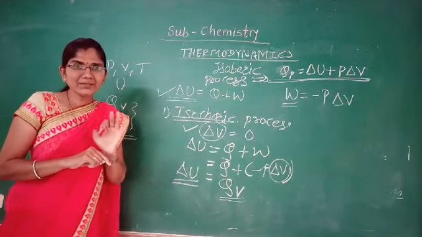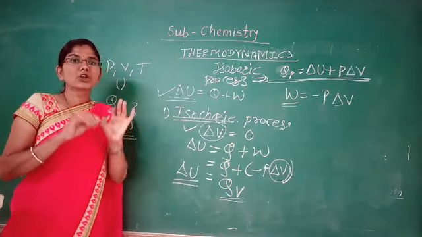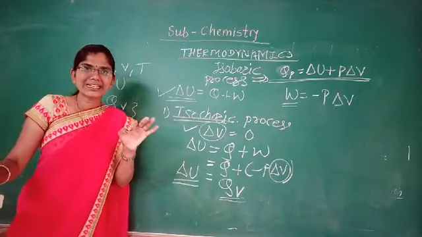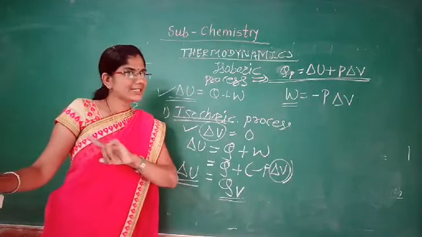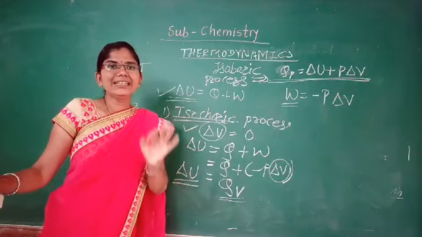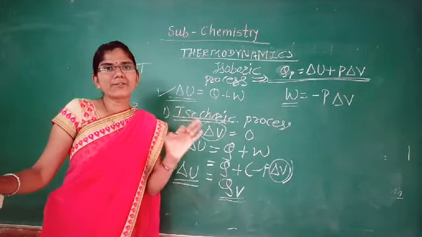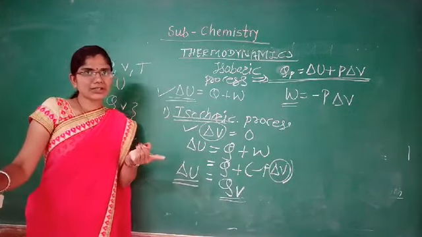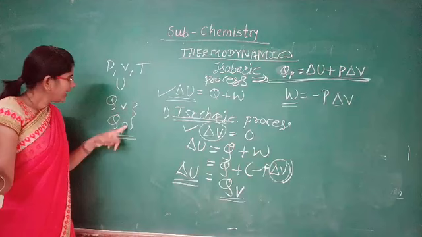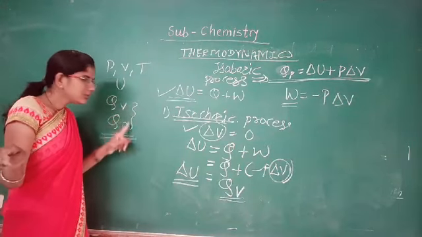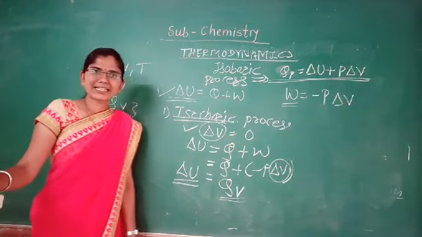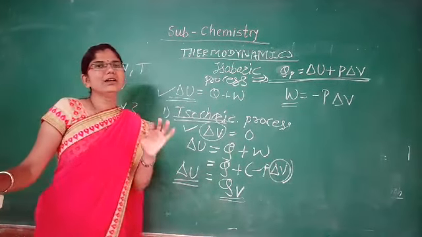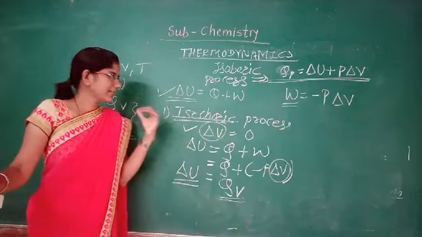But remember one thing, dear student: Q, the heat content, is not a state function. It is a path function. But QP and QV, both of these are state functions. लक्षात राहील सगळ्यांच्या.